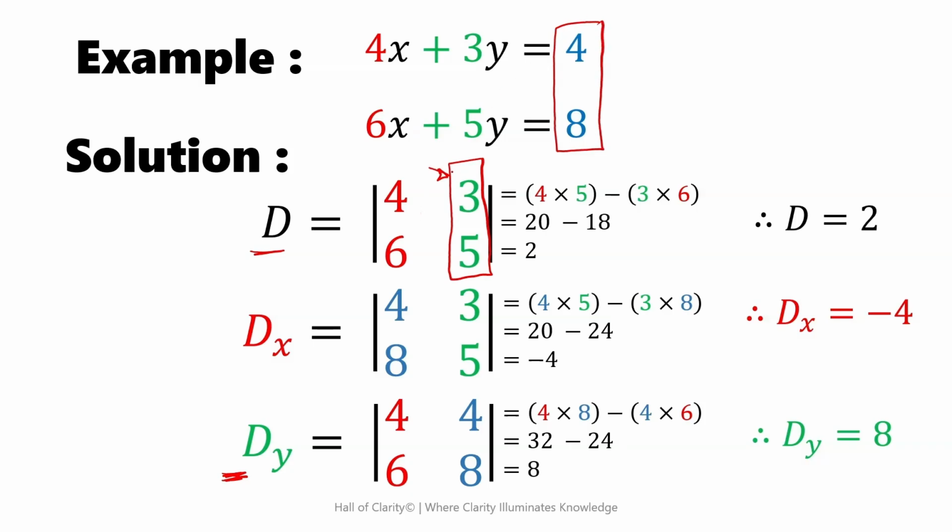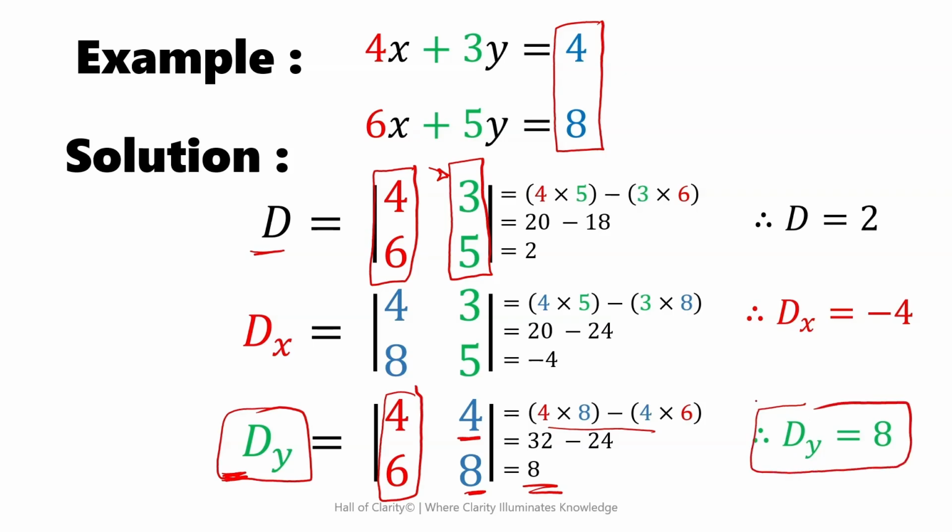After replacing this column of coefficients of y with 4 and 8, we write the coefficients of x of determinant D as it is in determinant Dy. So in this way we write the determinant Dy. Then after writing this determinant, we solve it and obtain the value of Dy, which comes out to be 8.